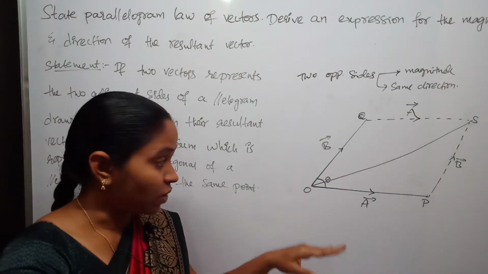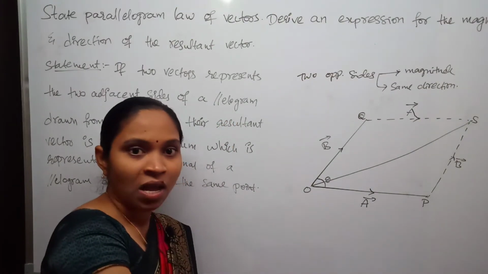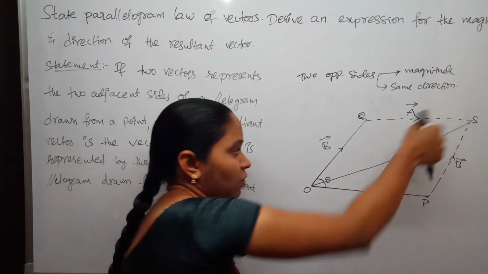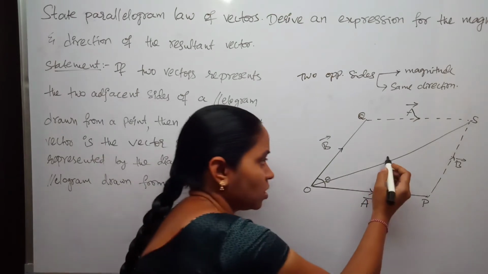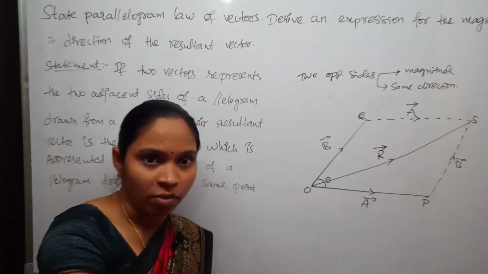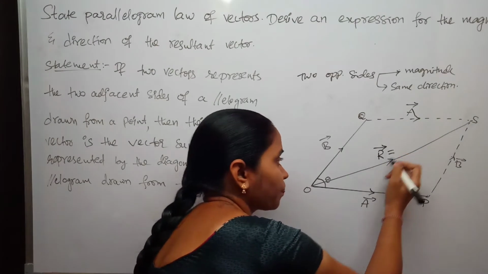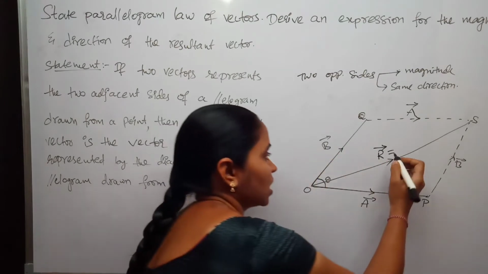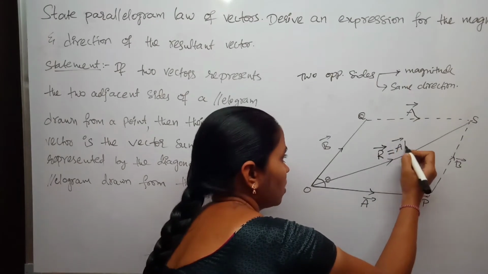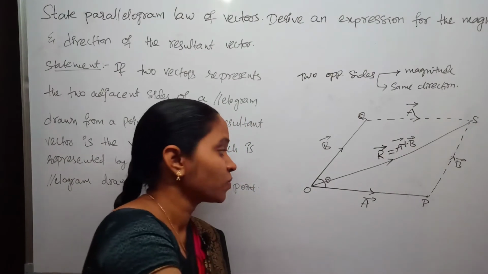The resultant vector will also start from the same point and it will be the diagonal of the parallelogram. This is the resultant vector. I am taking it as R bar, and this will be equal to the vector sum of these two vectors, that is A bar plus B bar, according to the statement of parallelogram law of vectors.